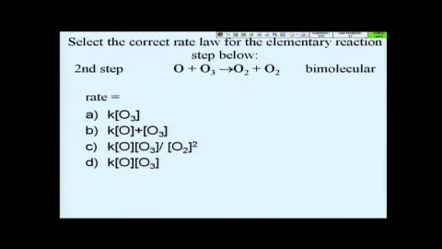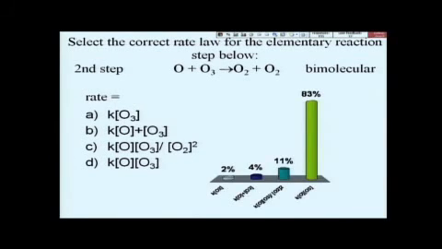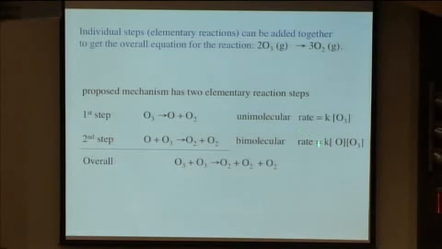Okay, let's just take 10 more seconds since class is almost over. Yep. So it's this one right down here. So we have the rate is equal to k times these two reactants.